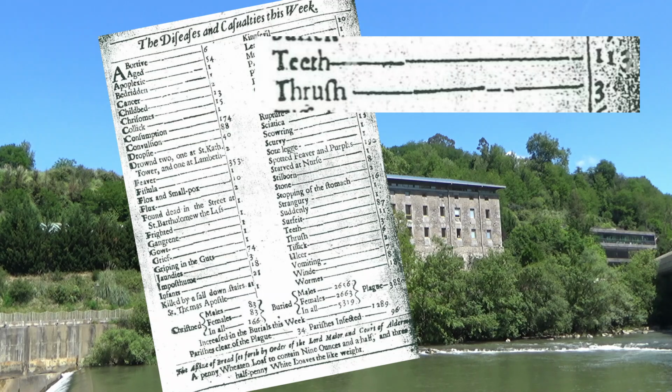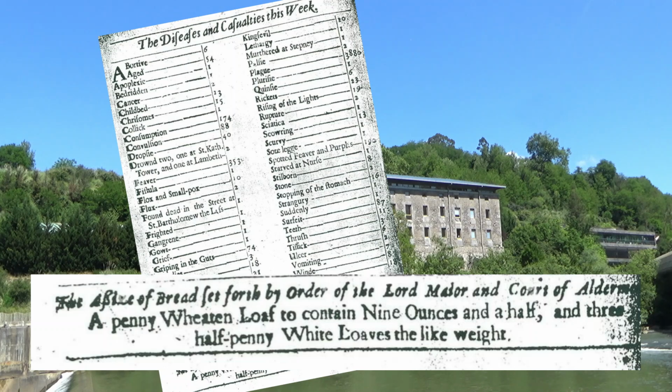And then you've got all kinds of strange things there. Another interesting thing at the bottom there, nothing to do with why people died, but it's always on these things, is the law about the size of loaves of bread. And they did a strange thing in these days, that the authorities determined how big a loaf of bread should be, because the loaf of bread always cost a penny.